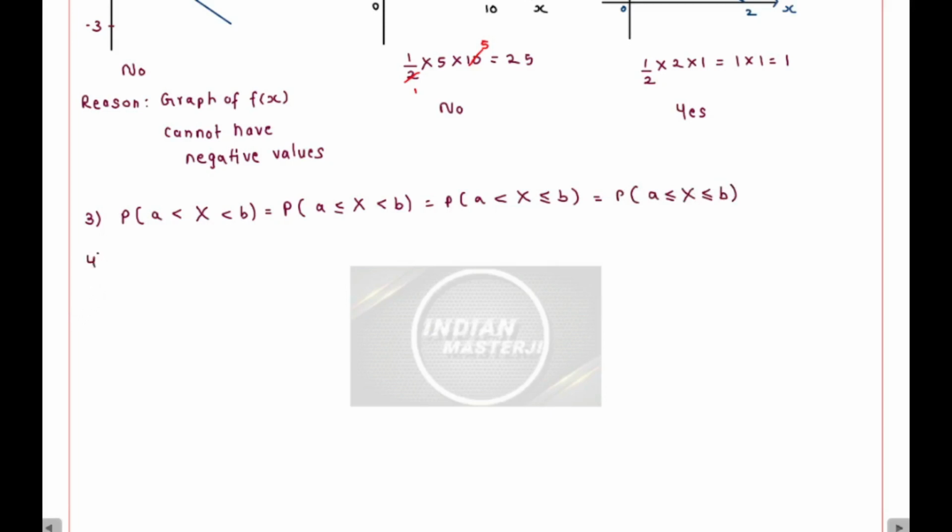So does it mean that x cannot take value equal to a? No, it doesn't mean that. What it means is that the probability of x equal to a is equal to 0. This means that x can take the exact value a.